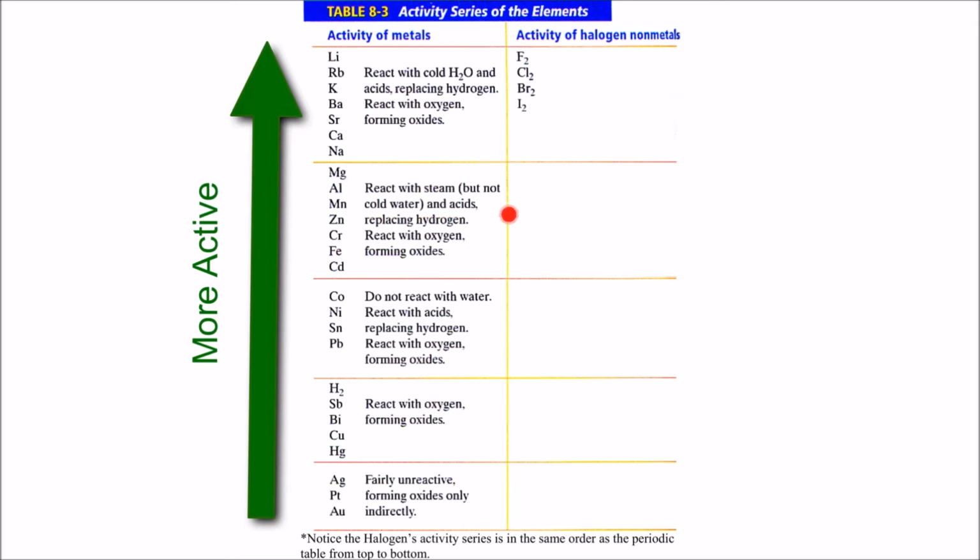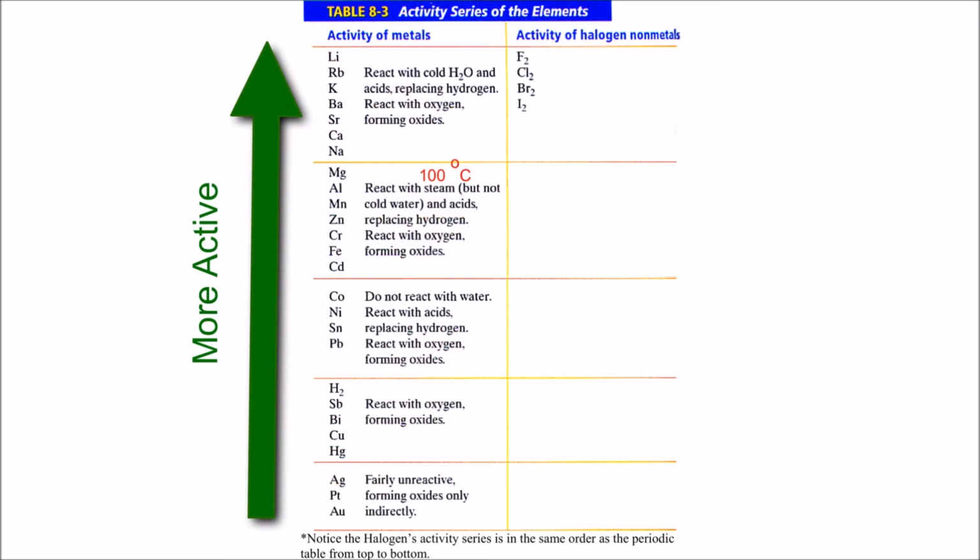Okay, now within this block, they react with steam. Steam is the gaseous form of water. That means that the water had to boil in order to become a gas. So we need to have a temperature at which that steam is going to apply. So that's going to be 100 degrees Celsius or greater.